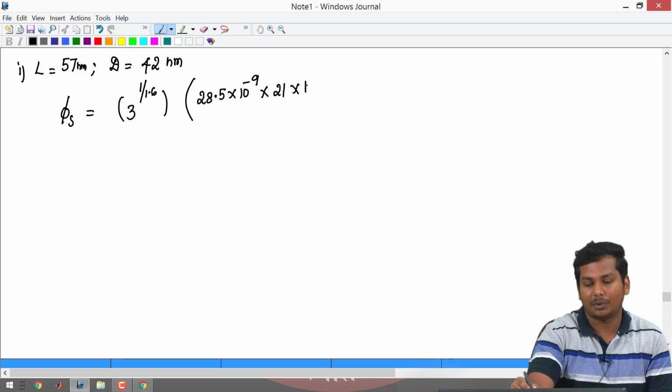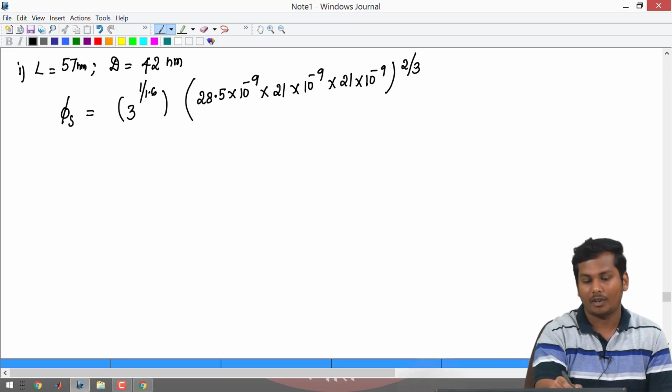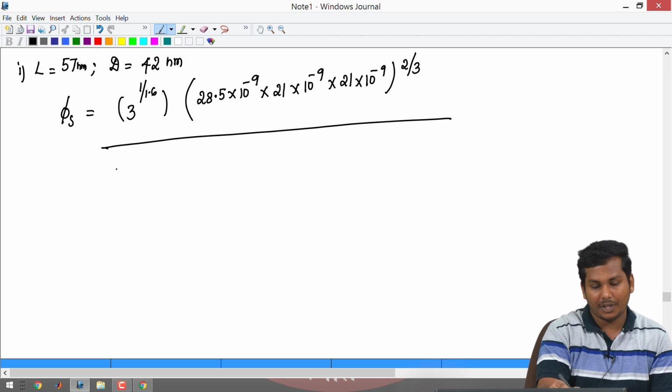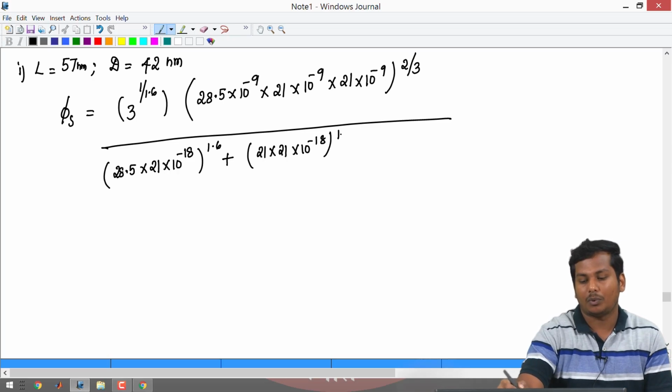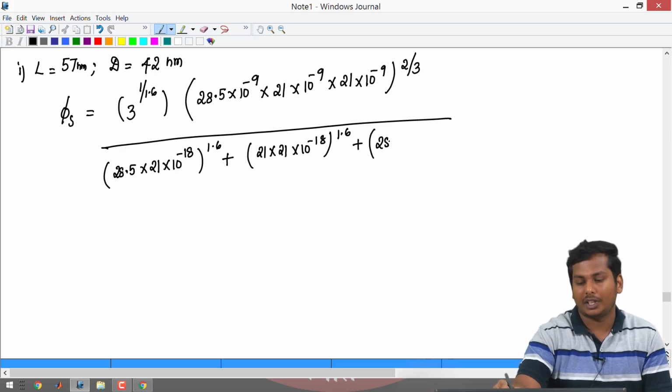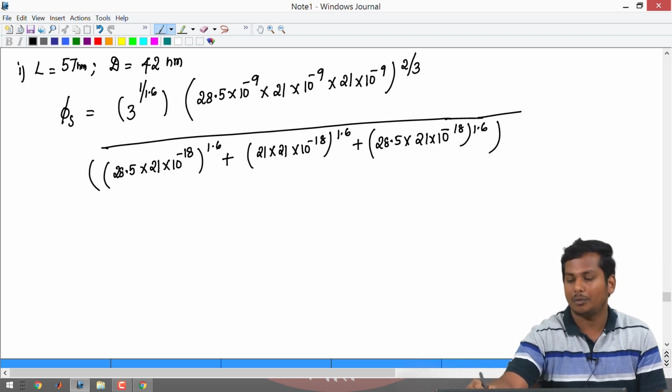So, 21 into 10 to the power of minus 9 into 21 into 10 to the power of minus 9, whole to the power of 2 by 3, divided by 28.5 into 21 into 10 to the power of minus 18 to the power of 1.6 plus 21 times 10 to the power of minus 18 whole to the power of 1.6 plus 28.5 times 21 times 10 to the power of minus 18 whole to the power of 1.6, and whole to the power of 1 by 1.6.